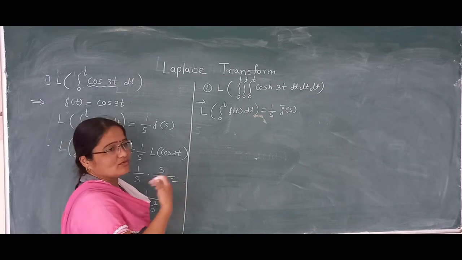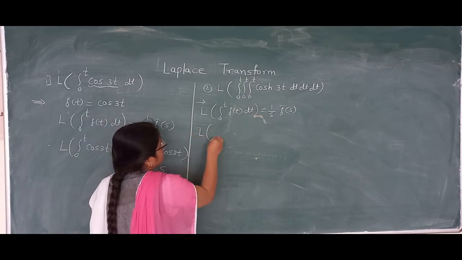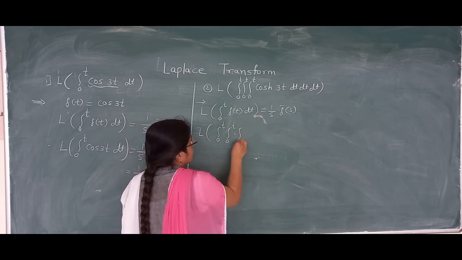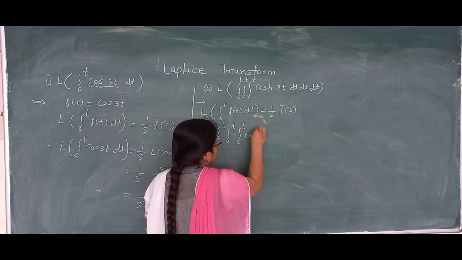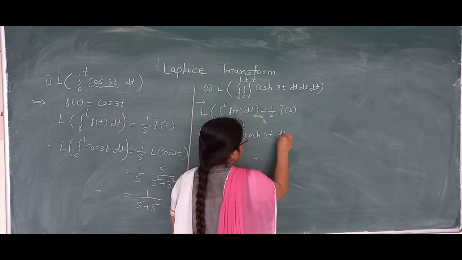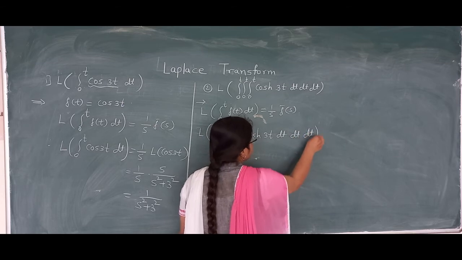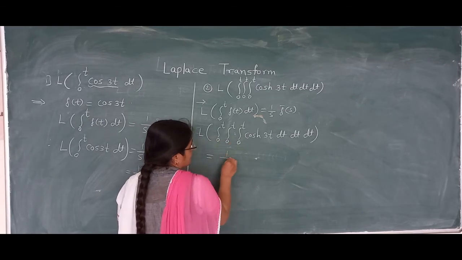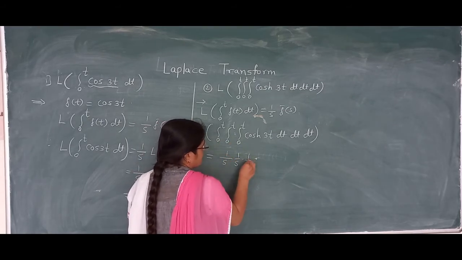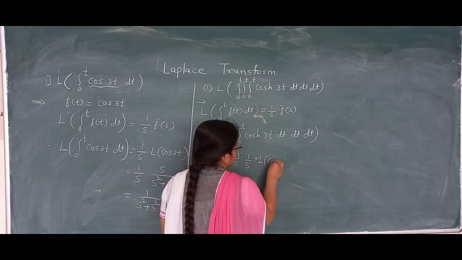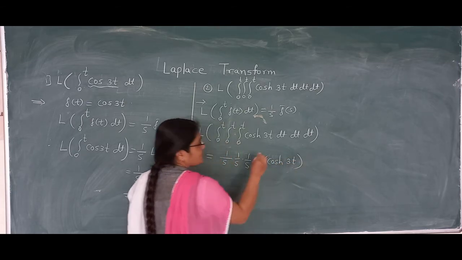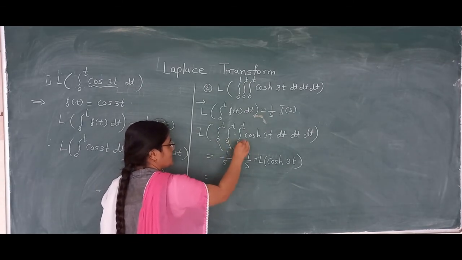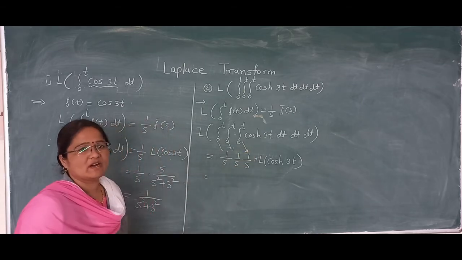A repeated use of this will give you Laplace of integration 0 to t, 0 to t, 0 to t cos h 3t dt dt dt, which will give you 3 times integration. So this is 3 times 1 by s Laplace of cos h 3t, that is, for the first integration 1 by s, for the second integration 1 by s, for the third integration 1 by s.